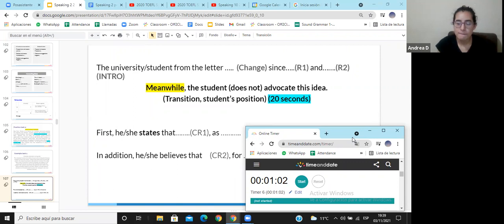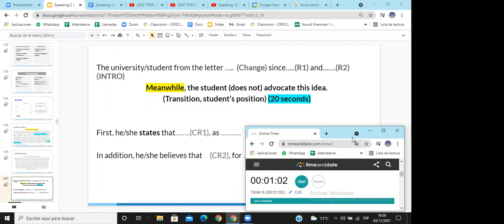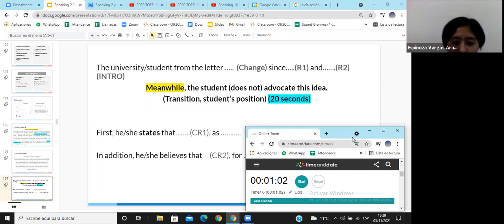Maybe Melissa? I think yes. I'm sorry? Yes, I think. Okay, perfect. So just give it a try. It's going to be your first try. Don't worry, it's obviously not going to be perfect, but we're just going to see how it goes.